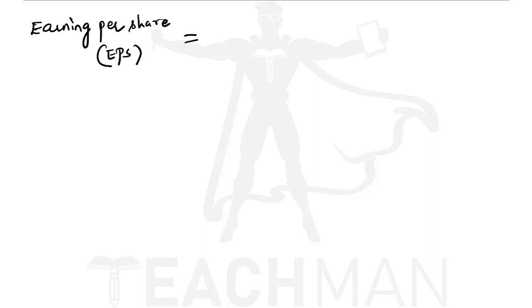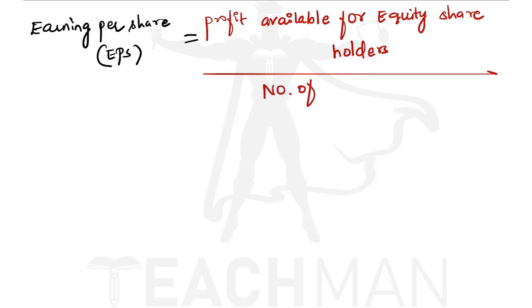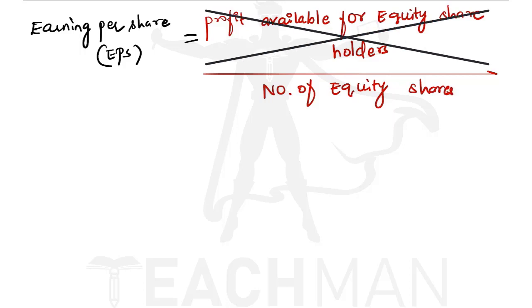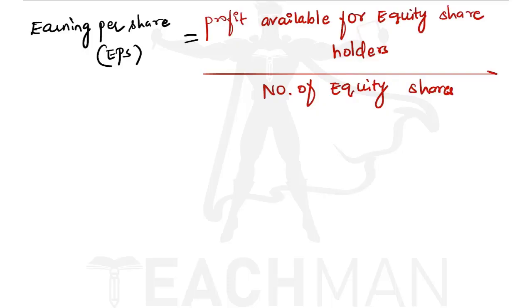The formula is profit available for equity shareholders divided by number of equity shares. We don't know what is profit available for equity shareholders, so let us find that out first.